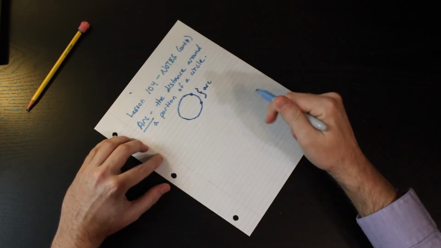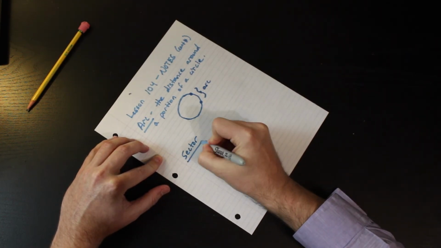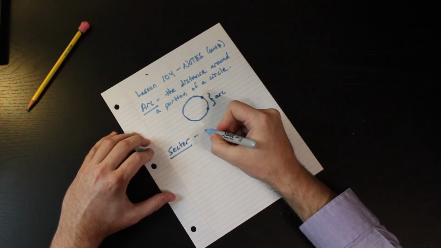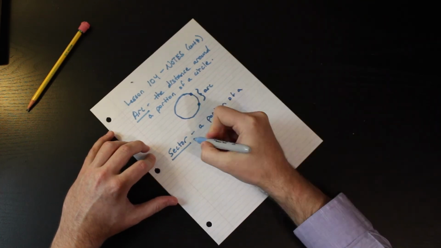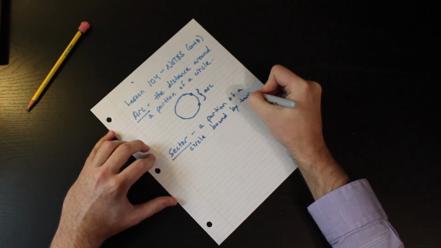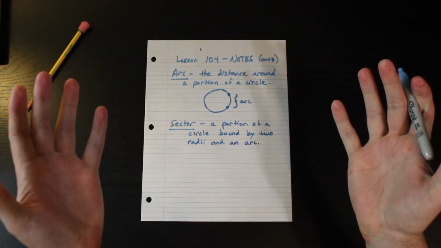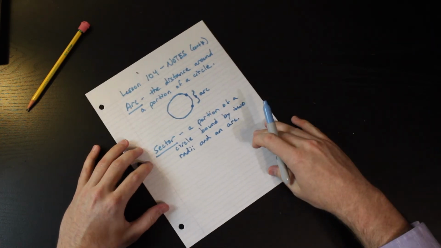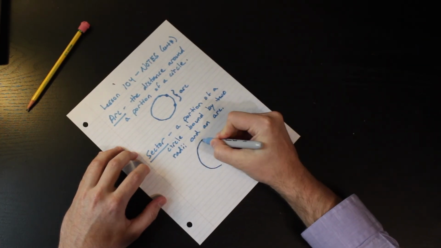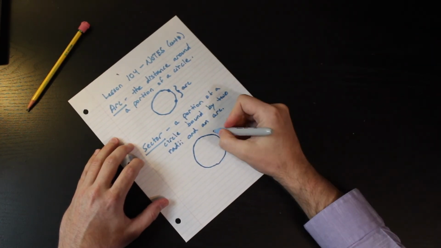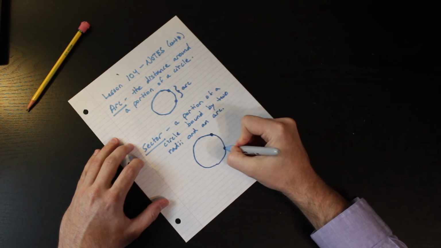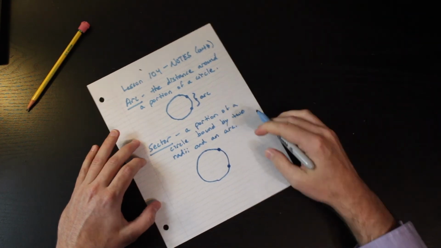Next, let's define sector. A sector is a portion of a circle bound by 2 radii and an arc. What does that mean? Again, let's draw a circle in our notes. Now, just like last time, draw 2 points, creating an arc.